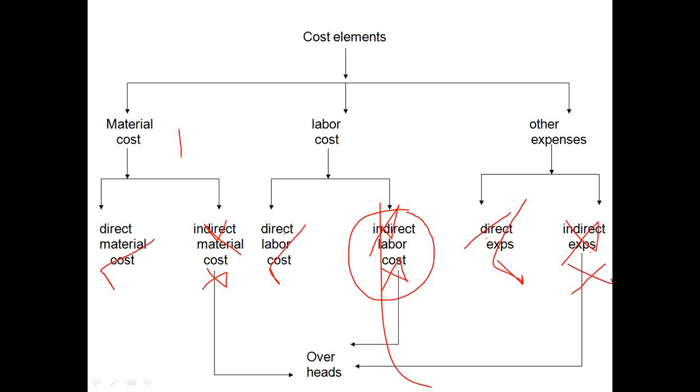This is called functional classification of overheads. Based on the functional classification, we classify the overheads like administration overheads, factory overheads, sales and distribution overheads, and research and development overheads. This is the concept of overheads.